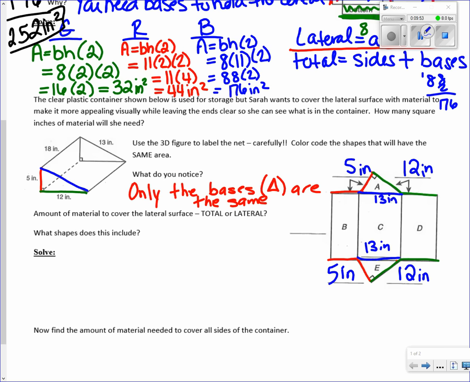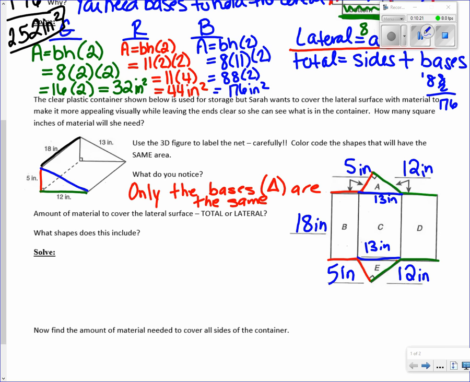Now that we know the bases of our rectangles, we need to know how long it is. And that is this line here, the long side of the rectangles, and that is 18 inches. So now we have all the measurements on our net, and so it's easy for us to go ahead and find our surface area.